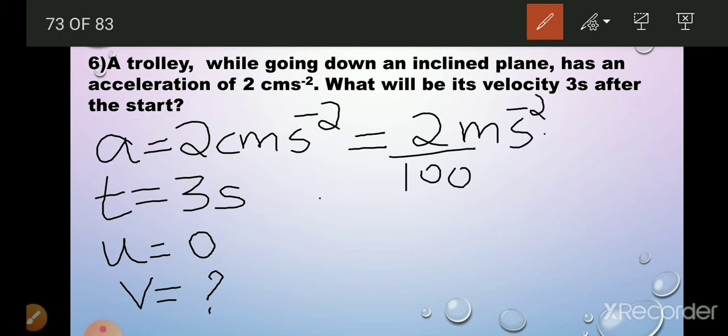So the value is 0.02 meter per second square it becomes. This is how we have to convert the other units into SI units. Meter per second square it is, okay.